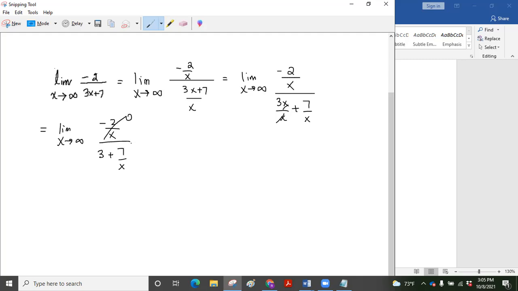This goes to 0. This goes to 0. So we're left with 0 over 3, which is 0.